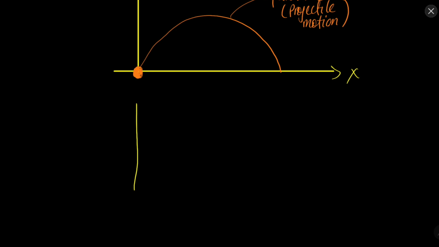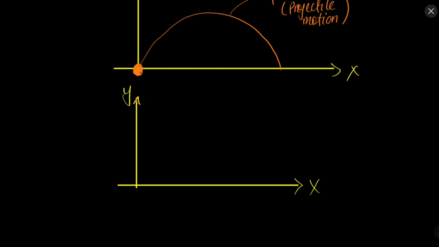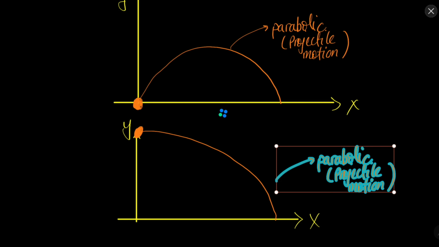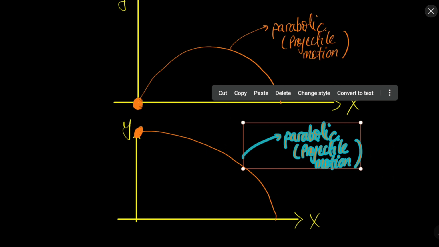Okay, this can also happen like this. You are standing on a certain building, and you threw a ball from this point. So what will happen? The ball will move like this. Again, this is a parabola and this is called projectile motion.